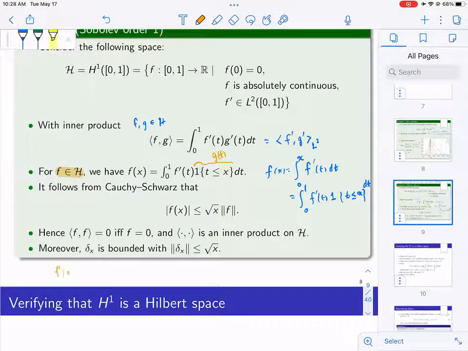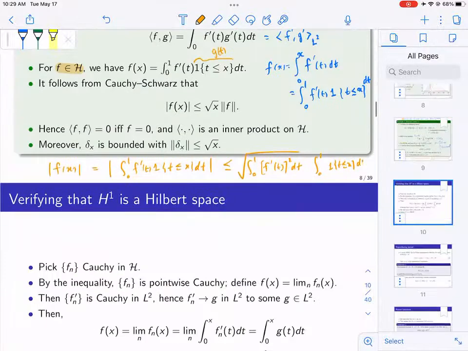So we have f(x) = ∫₀¹ f'(t) 1[t ≤ x] dt. By Cauchy-Schwarz in L², this is at most the square root of ∫₀¹ f'(t)² dt times the square root of ∫₀¹ indicator squared, which doesn't change, dt.